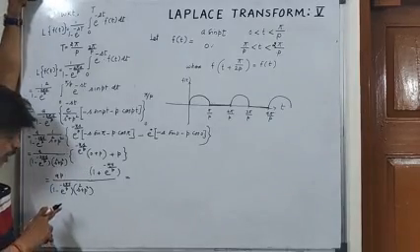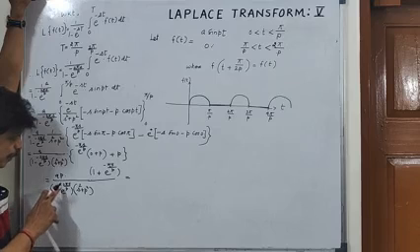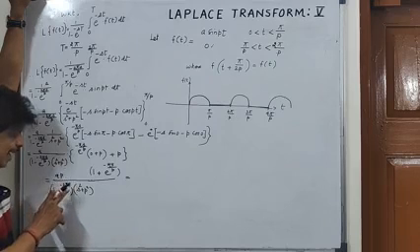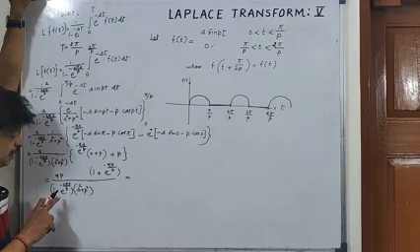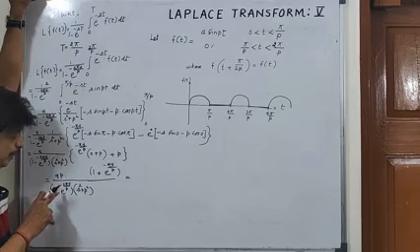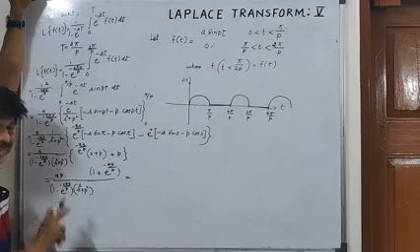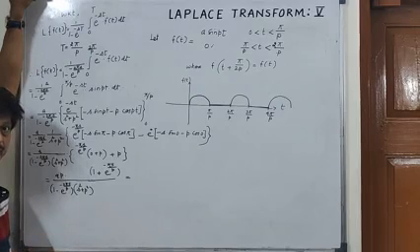now see here, in this denominator, 1 minus e to the power minus 2 pi s by p, this second term is an exponential term which is the square of e raised to power minus pi s by p.